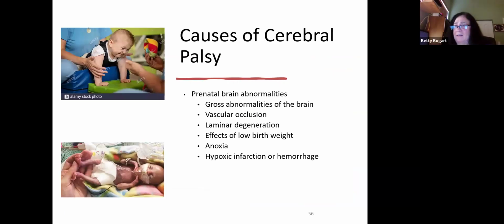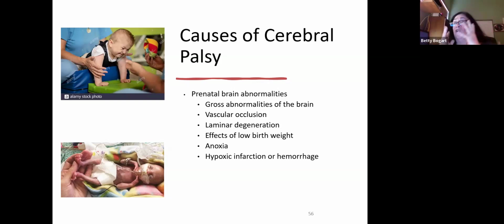So, why? What causes cerebral palsy? Well, I think that it could be something in the brain that wasn't right, could be a vascular occlusion or a hypoxic moment, laminar degeneration, which has to do with the spinal cord. Low birth weight. Why would low birth weight cause cerebral palsy? Well, when a baby is born, like that bottom left-hand picture, there's probably about a 600-gram baby there.